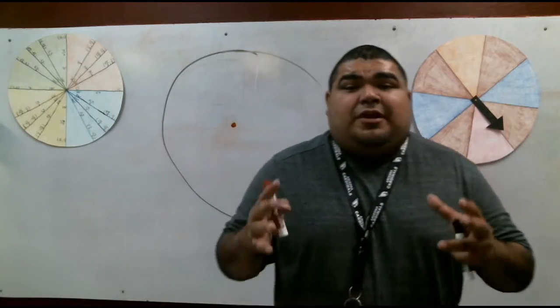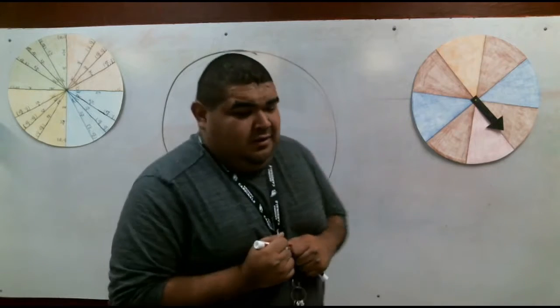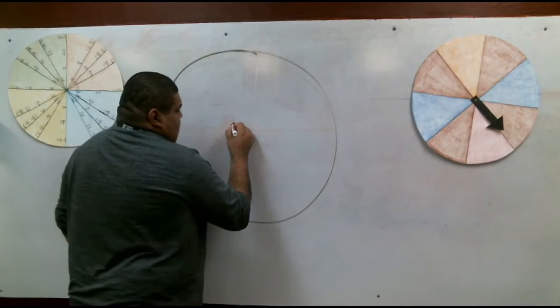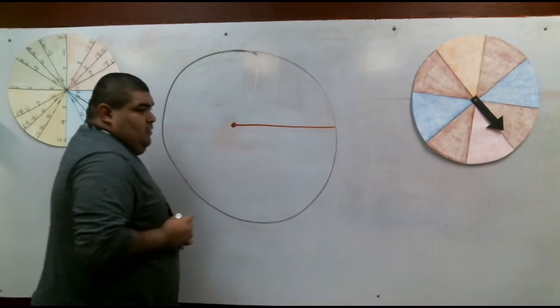So the first part on this circle is we're going to make a line that goes from the center to the edge of the circle. So we have this line that goes from the center to the edge.